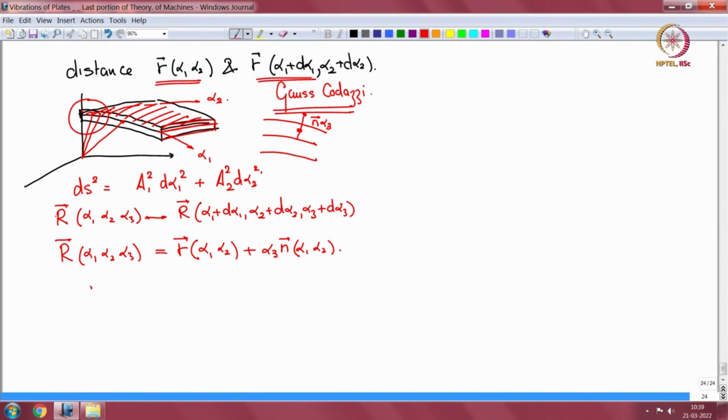So, with this definition, what is dR? dR is obviously dr plus alpha 3 times dn, okay, plus n into d alpha 3. Okay. So, dr we know from earlier. Okay. So, what is dn? dn is del n del alpha 1 d alpha 1.